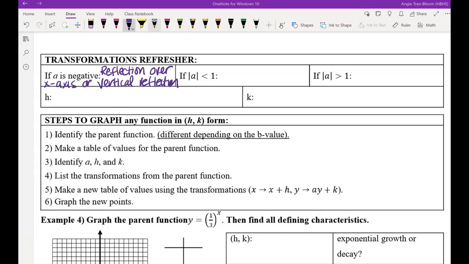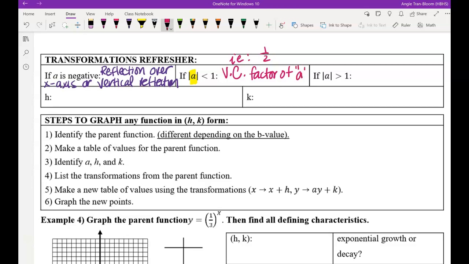Now, if the absolute value of A is less than 1, this is going to be a vertical compression factor of whatever that is. So if your absolute value of A is like 1/2, then we say vertical compression factor of the absolute value of A, okay?